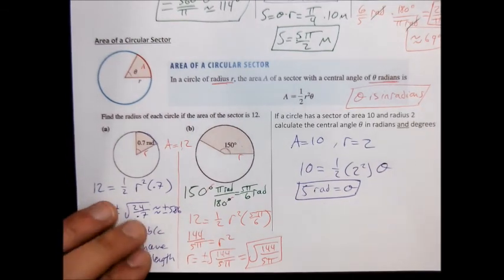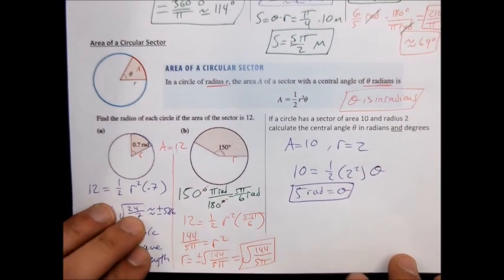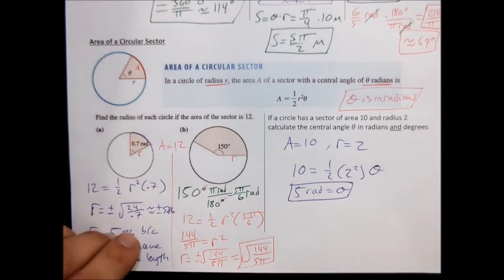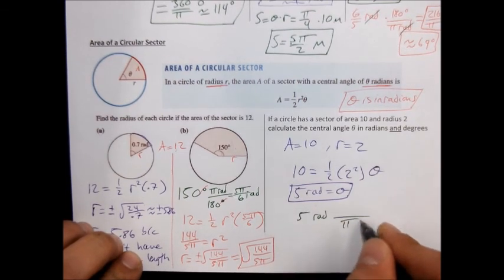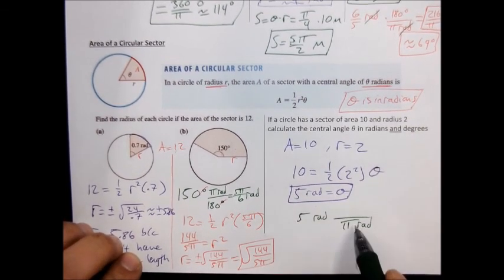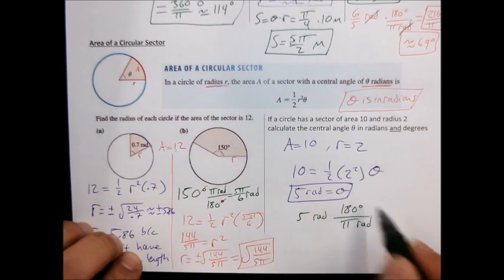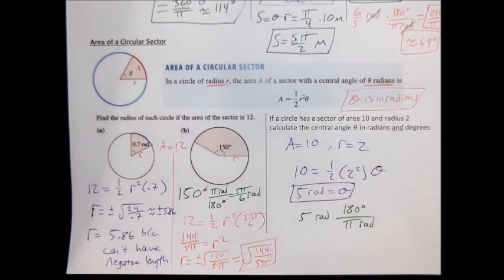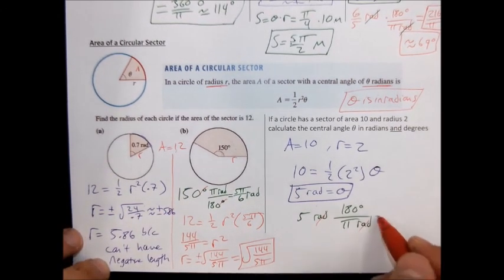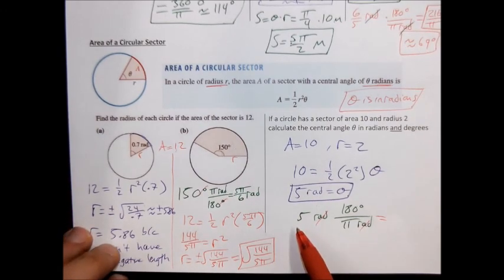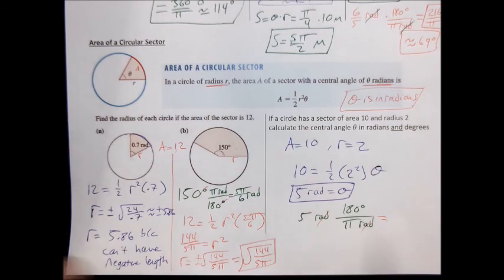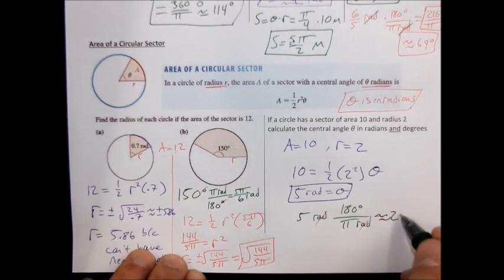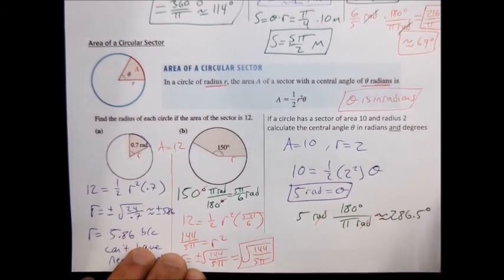To change that into degrees, we want to cancel the radians, so we take the 5 radians, divide by pi radians, and multiply by 180 degrees. These cancel, and this is approximately 286.5 degrees.